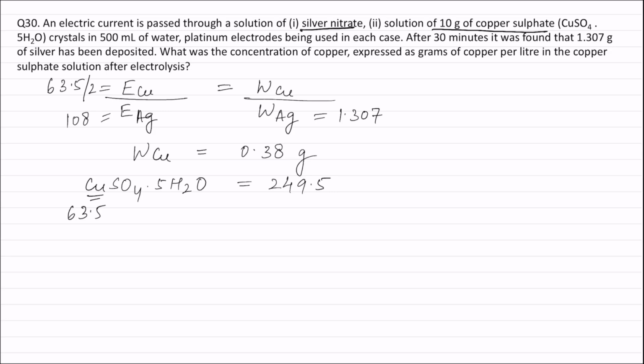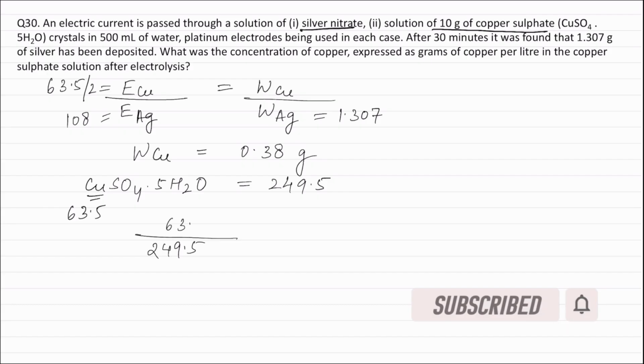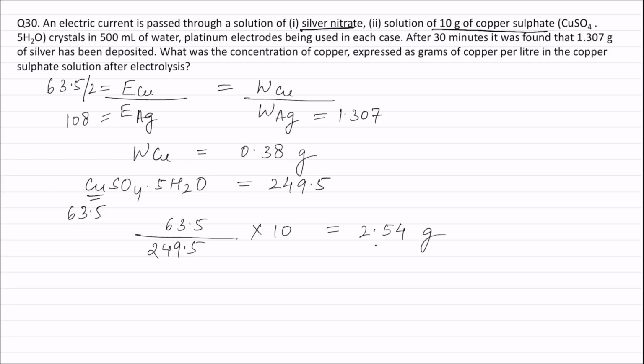The total amount of copper sulfate present is 10 grams. Now out of 249.5 grams of copper sulfate, 63.5 grams is copper. Therefore, in 10 grams of copper sulfate, the amount of copper present is 2.54 grams.